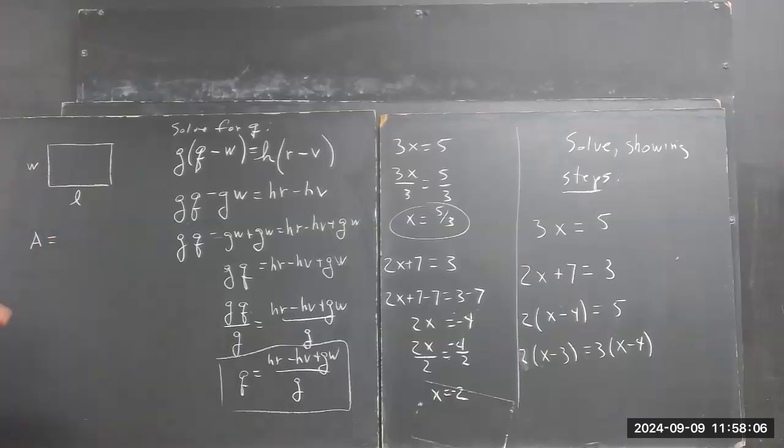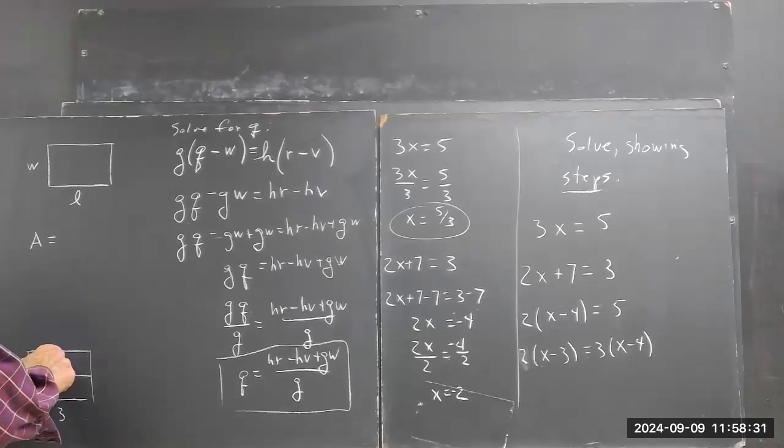Let's review why the area of a rectangle is what it is, okay? Let's say this is 2 by 3, okay? Then we could cut it in half this way. There's 1, 2 halves, right? And we cut it in 3 parts this way. 1, 2, 3 here.